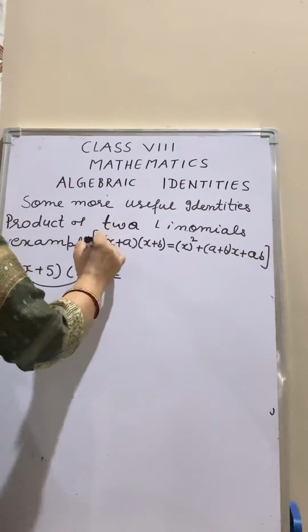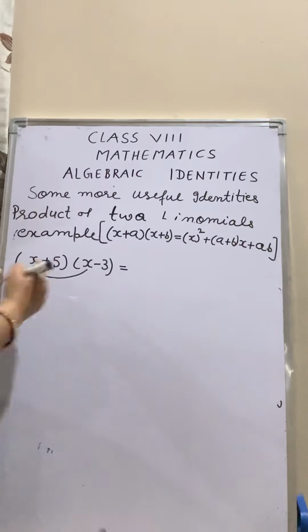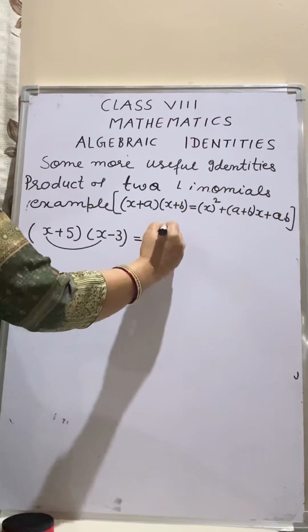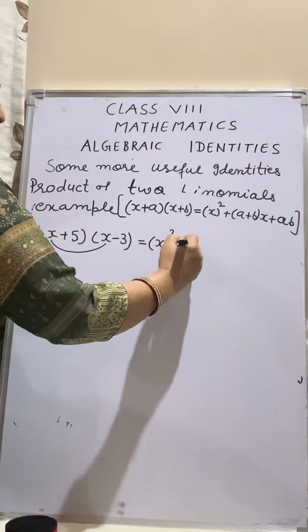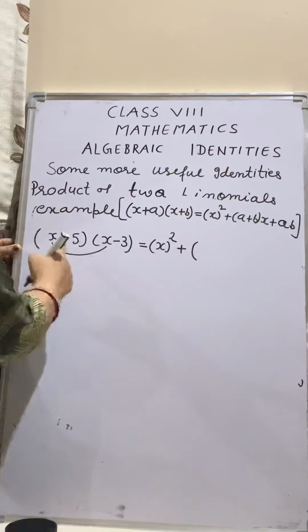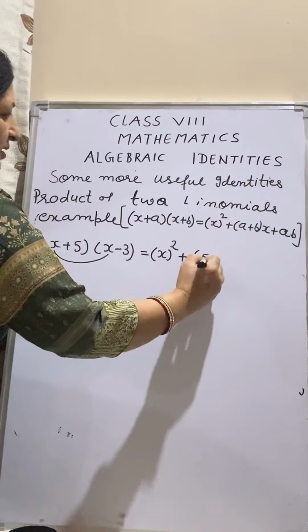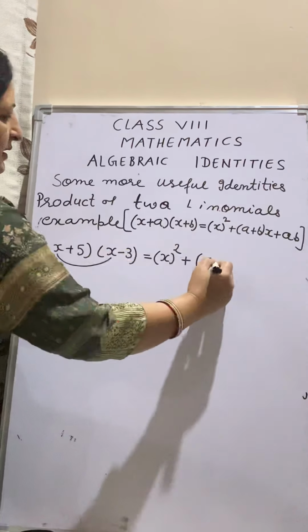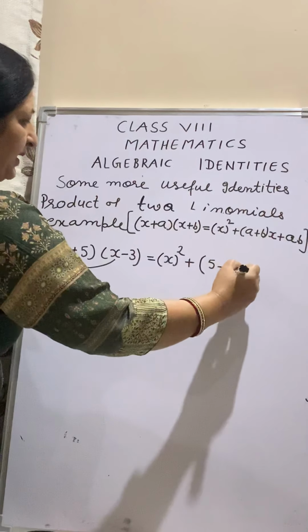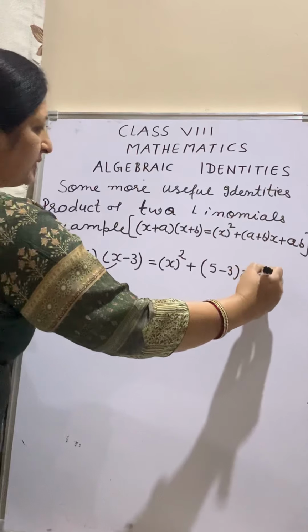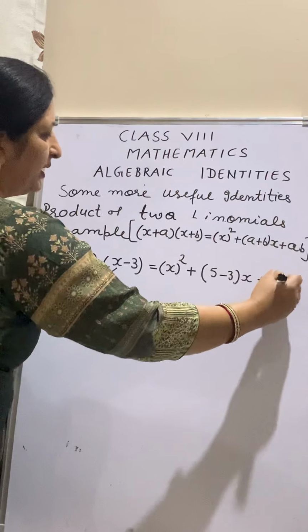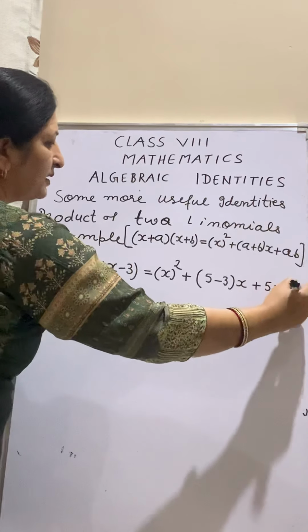We will use this identity. First term is x, whole square of the x, plus, what is the a? A is plus 5. What is the b? Minus 3. Multiplied by x, plus 5 multiplied by minus 3.